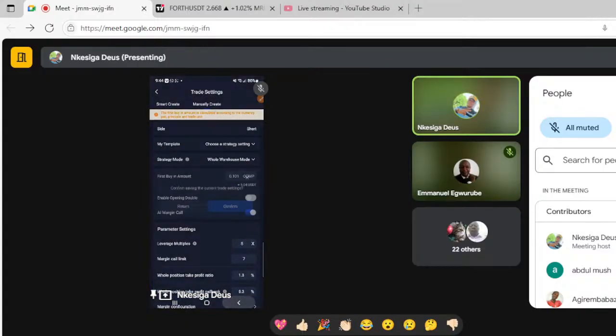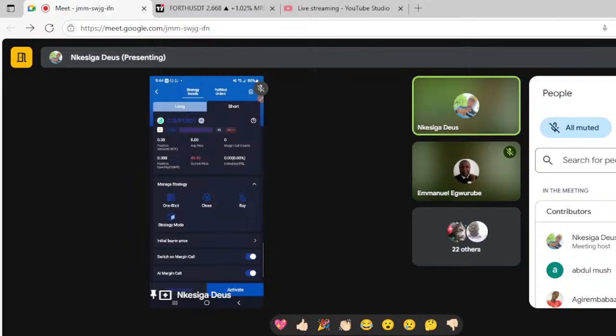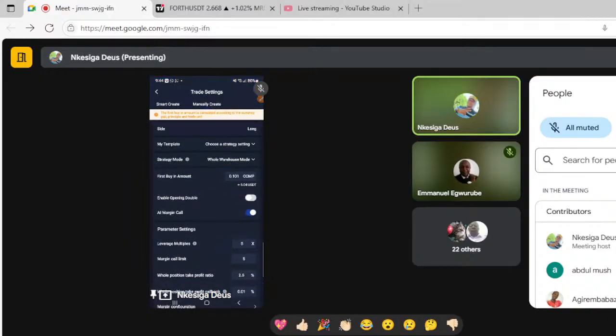Okay, let's go back. We want to buy the market. So we are longing, trade settings, and we have our long here, we have our warehouse mode here, and now our focus should be here on first buy. Here on first buy, they are telling you you should buy 0.101 of comp.